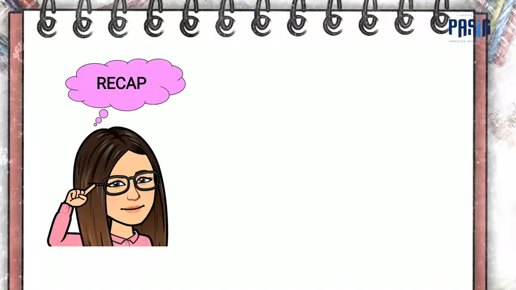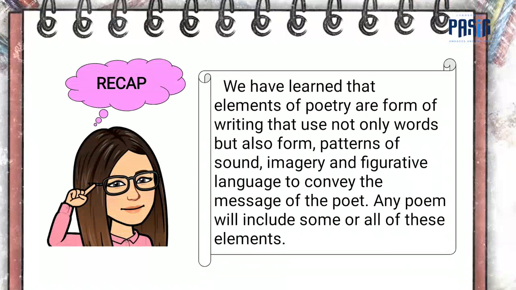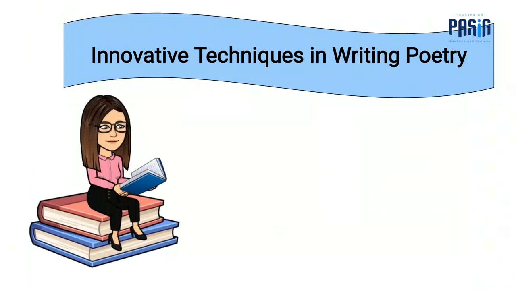We have learned that elements of poetry are form of writing that use not only words but also form, patterns of sound, imagery, and figurative language to convey the message of the poet. Any poem will include some or all of these elements. Innovative techniques in writing poetry.